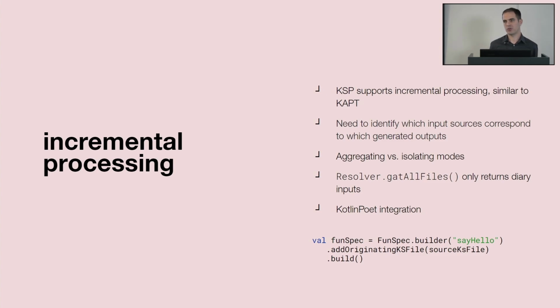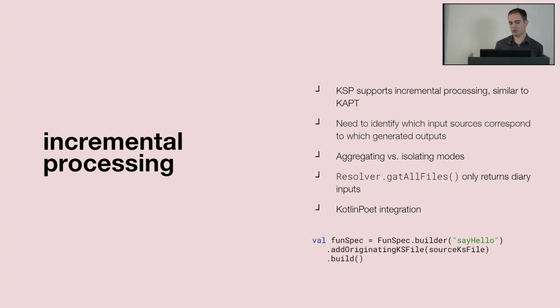And there can be two kinds of incremental modes. One is aggregating, when multiple inputs are used to generate one file. If you think about Dagger, that's an aggregating processor, because when it generates the graph, which is just one file, it will use almost all of your codebase. And isolating is the other mode, which is, for example, my builder processor, which I showed previously, because only one input, the class, is used to generate the builder class.